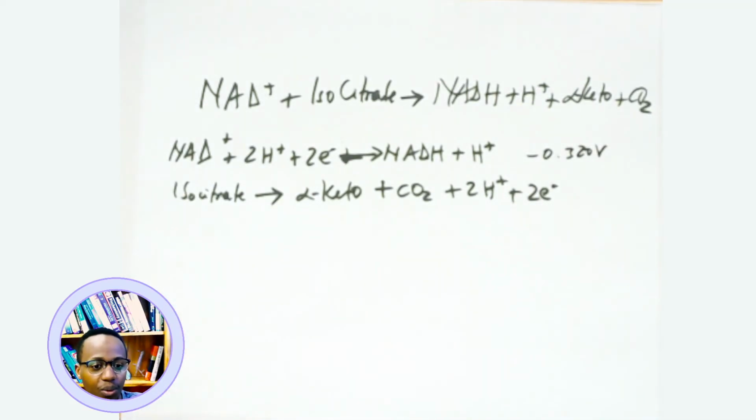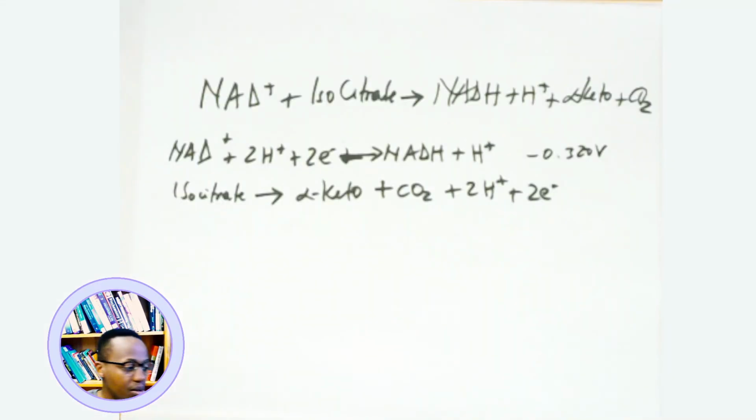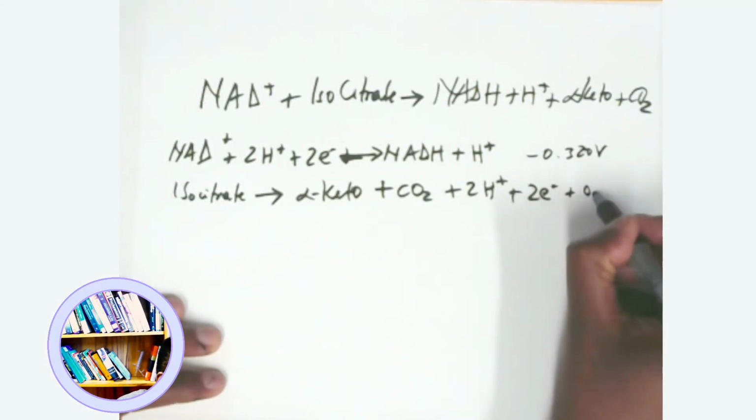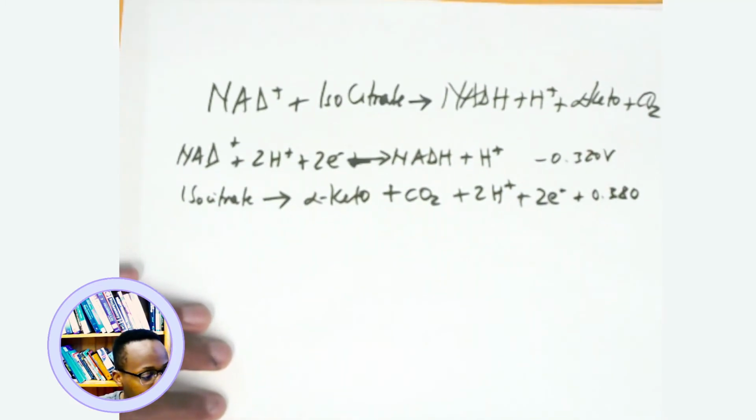But the second one is the one that's reversed. This one right here is reversed. So instead of being negative 0.380, it's going to be positive 0.380, because this is oxidation.